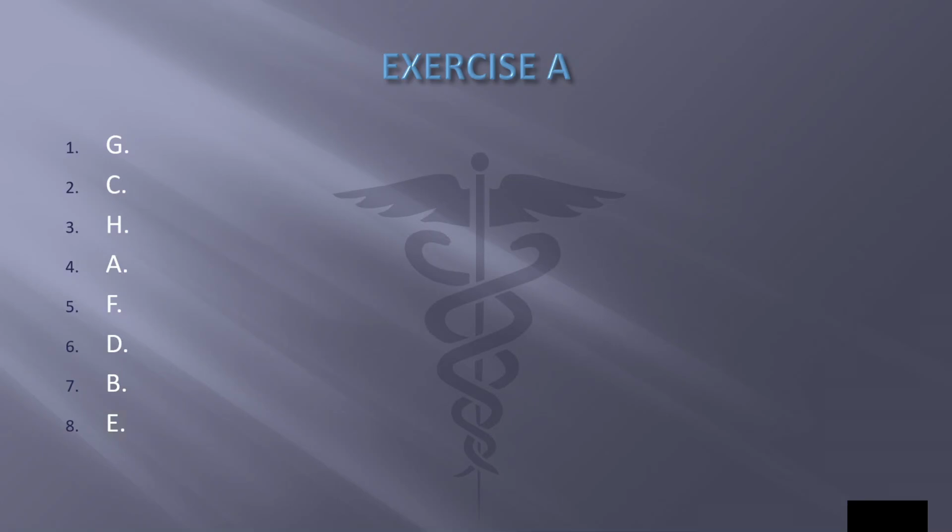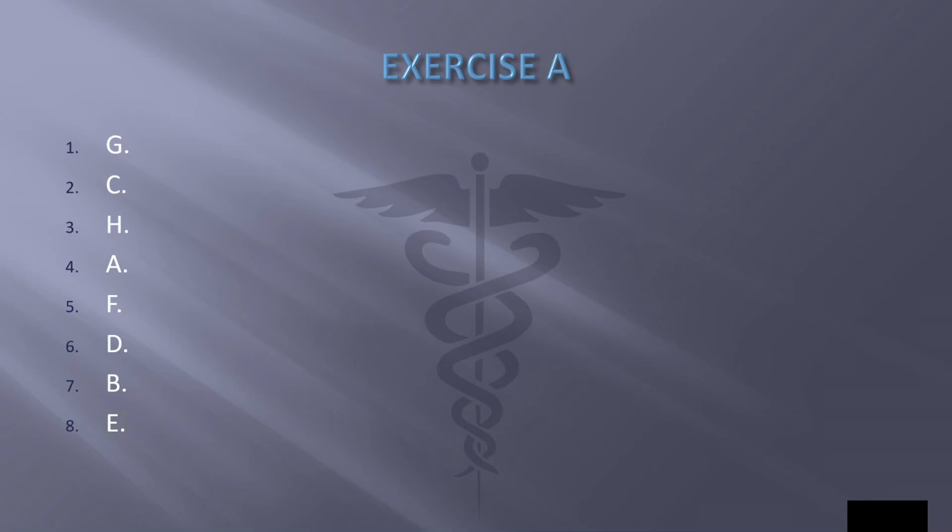Number 1, mouth is letter G, the opening that is the beginning of the digestive system. 2, pharynx is letter C, the throat. 3, esophagus is letter H, the tube that carries food to the stomach. 4, stomach is letter A, organ that receives food from the esophagus and sends it to the intestine.